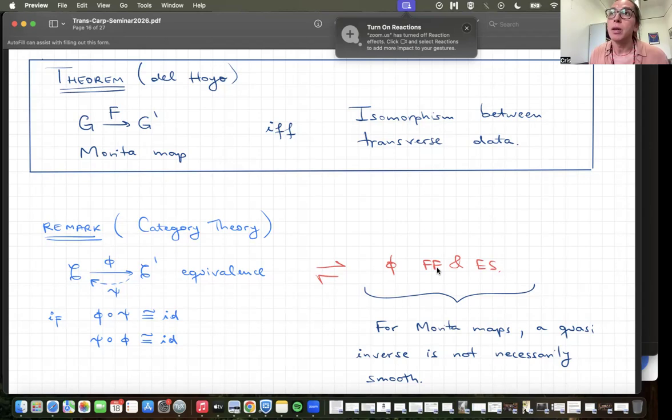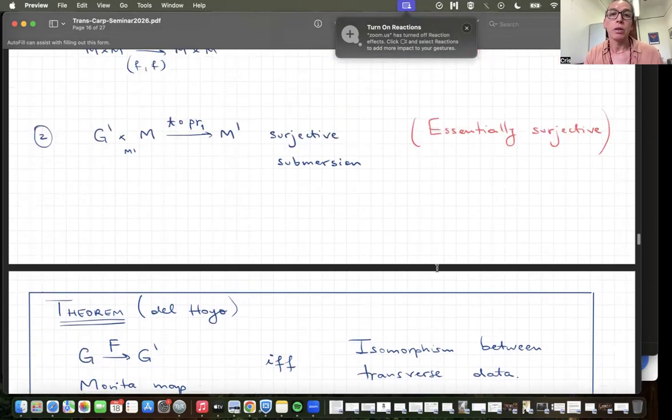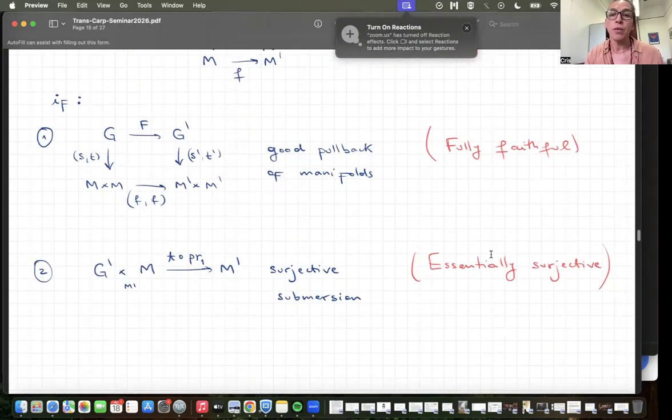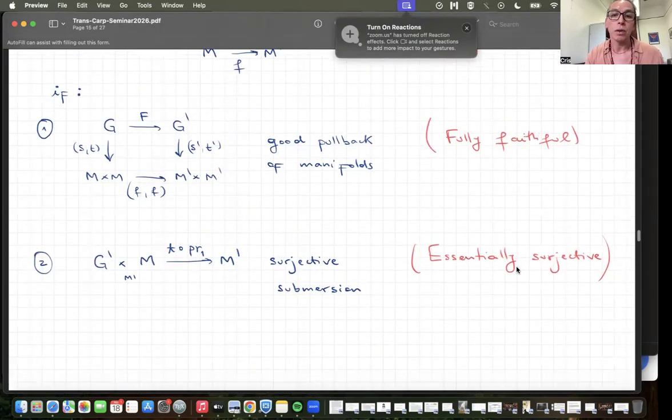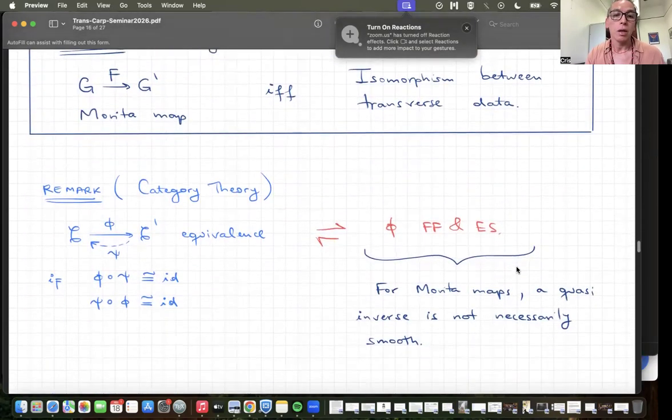So in principle, a Morita map, which is by definition fully faithful and essentially surjective, admits a quasi-inverse. So it admits a map going in the other direction such that the composition is naturally isomorphic to the identity.